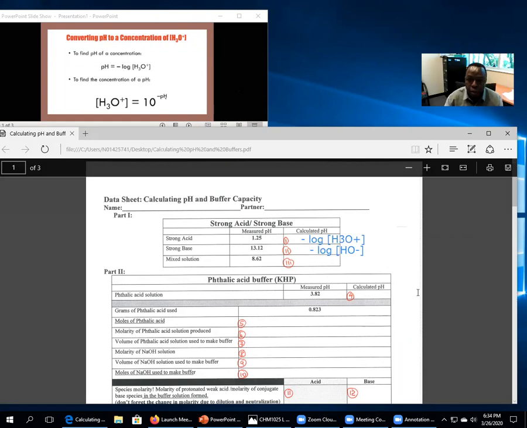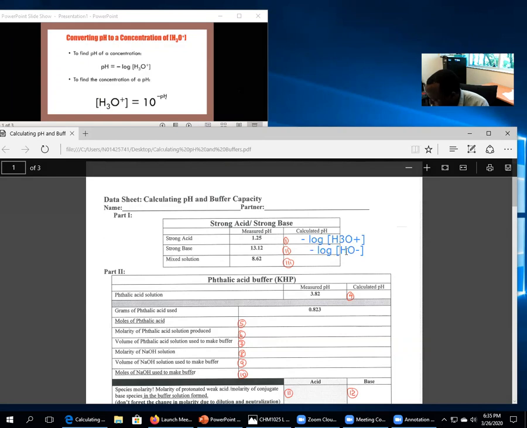How do I know what is the concentration of hydronium or hydroxide? If you read the background on page 145, you are asked to take 25 or 5 ml of 0.1 molar. So read the procedure. It states the molarity of each one of them.